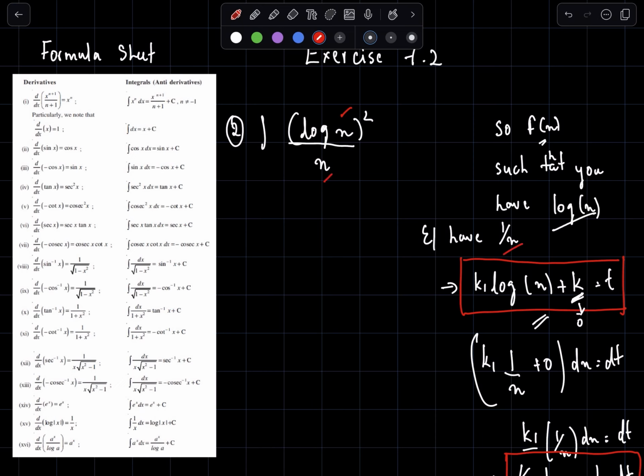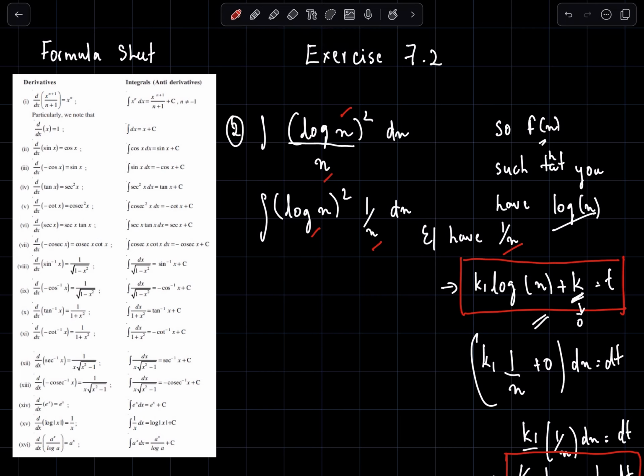Yes, you do have 1 over x, because this is the same as the integral of log of x the whole square times 1 over x dx. So you have this and you have this. Therefore it is integrable. Okay, so let's integrate this.